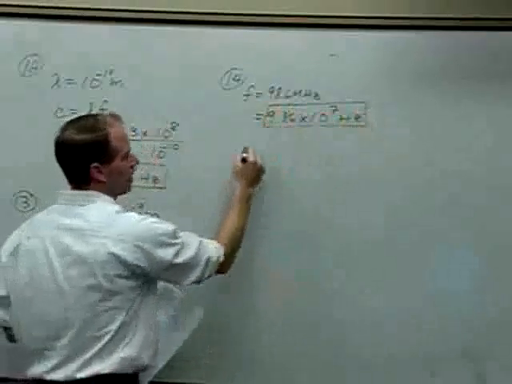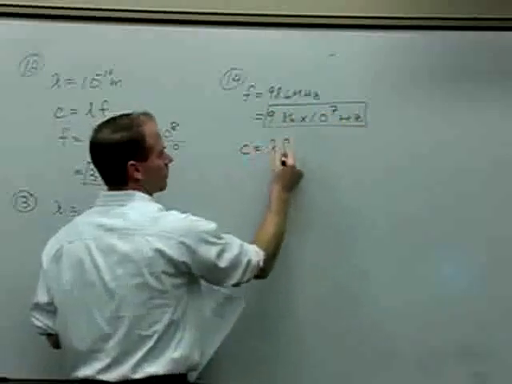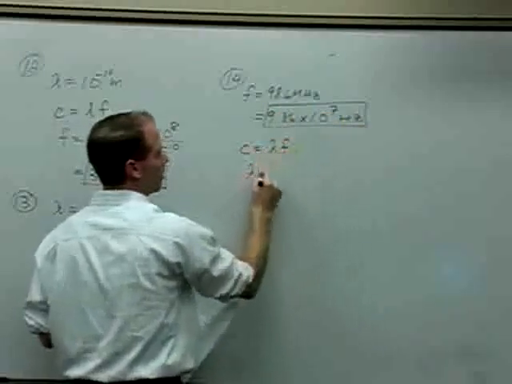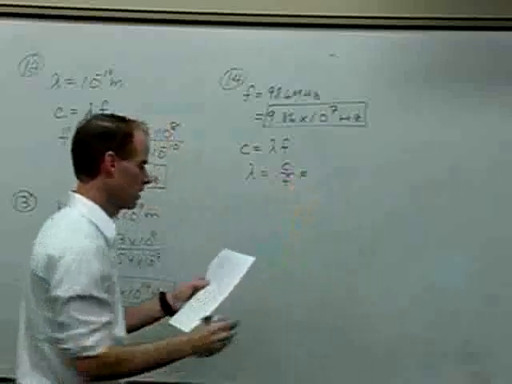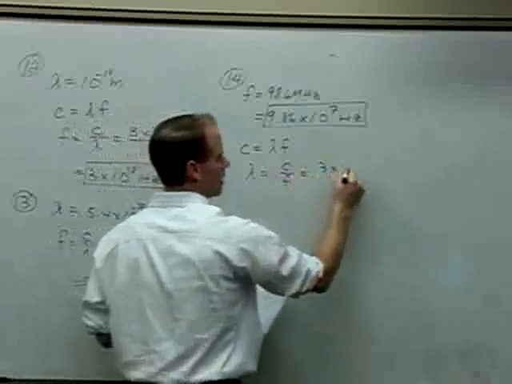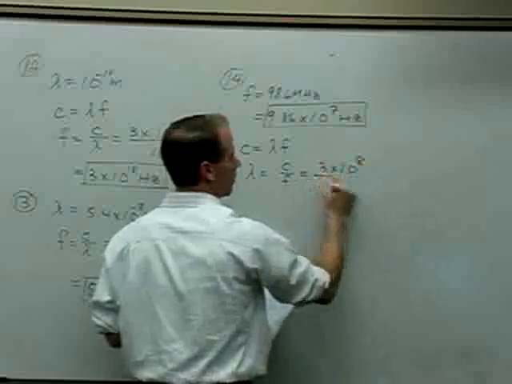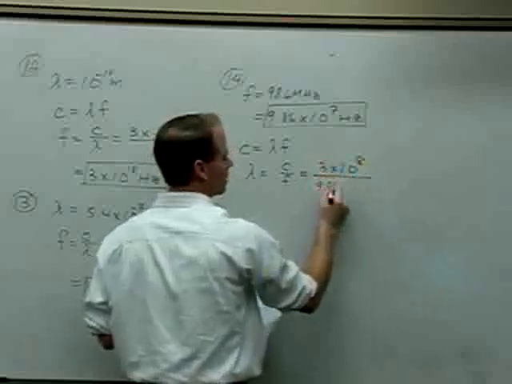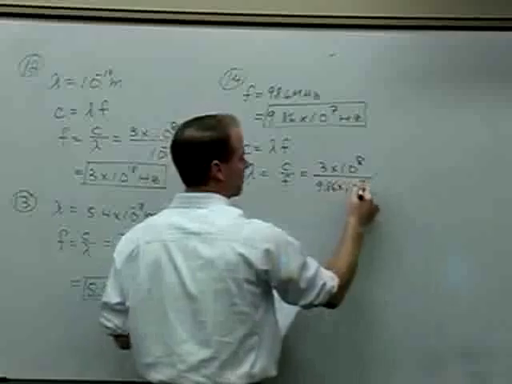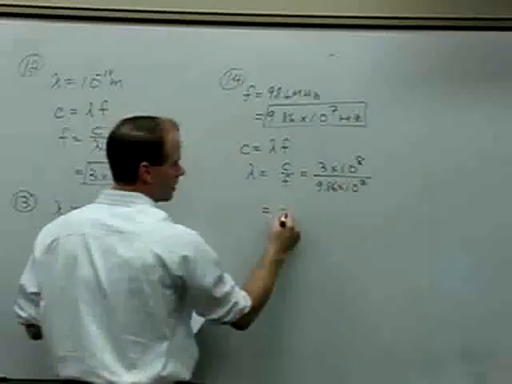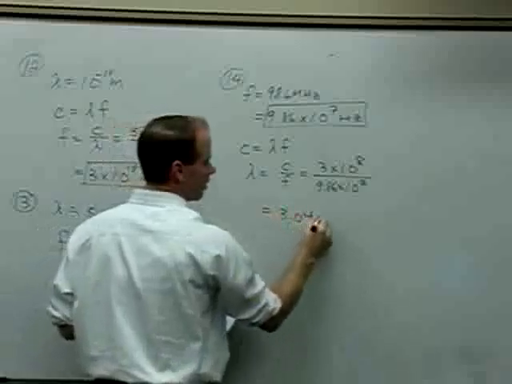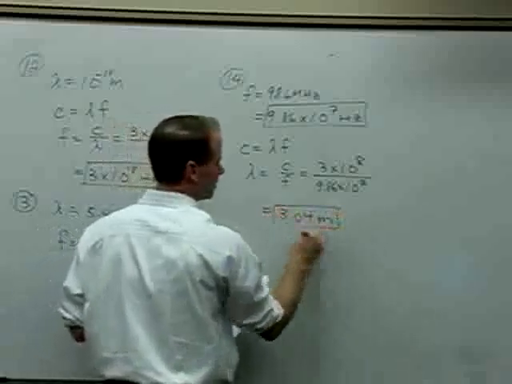And since the speed of light equals the wavelength times the frequency, the wavelength will equal the speed of light divided by the frequency, 3 times 10 to the 8 over 9.86 times 10 to the 7. And that gives us a wavelength of 3.04 meters.